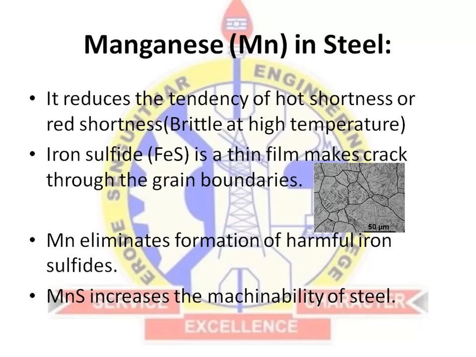When we go for high temperatures, there will be some brittleness, like the brittleness that occurs in glass. Next is iron sulfide. It forms a thin film and makes cracks through the grain boundaries. Manganese eliminates the formation of harmful iron sulfides. Manganese also increases the machinability.